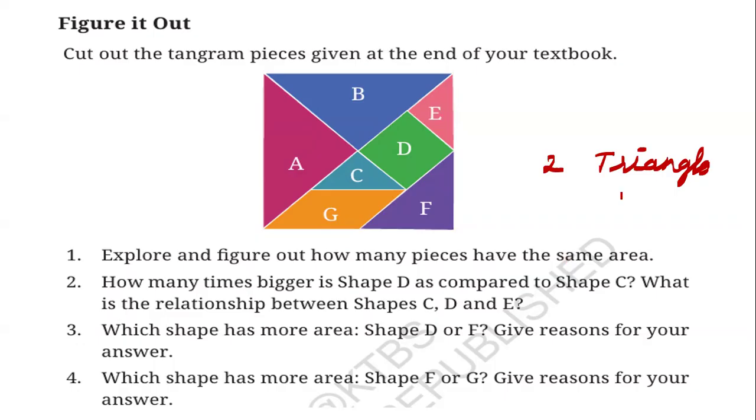Another 2 triangles, small. These are in same shape, same side, same angle. 2 triangles have same area.